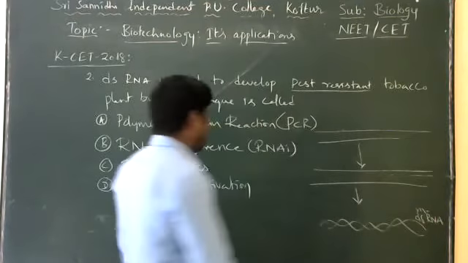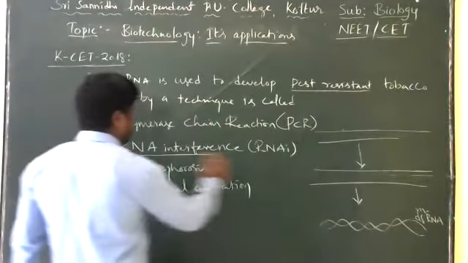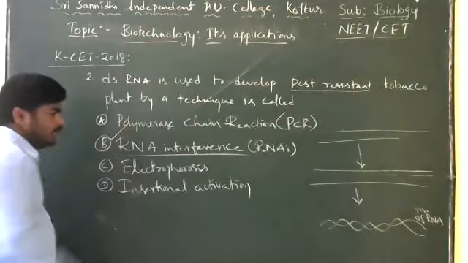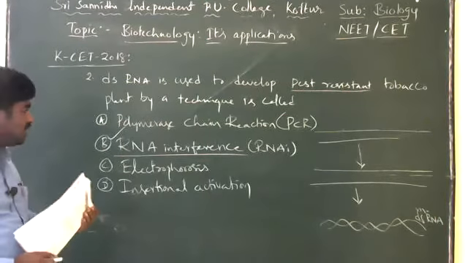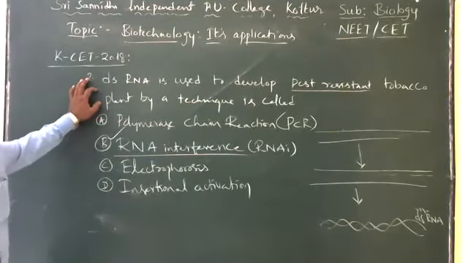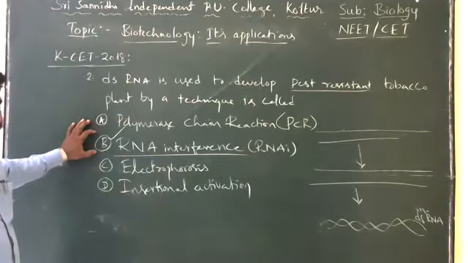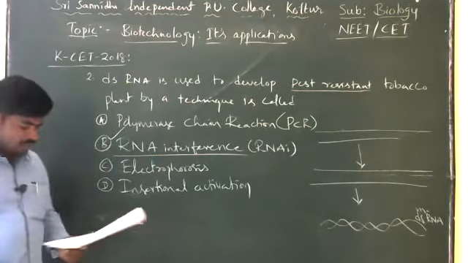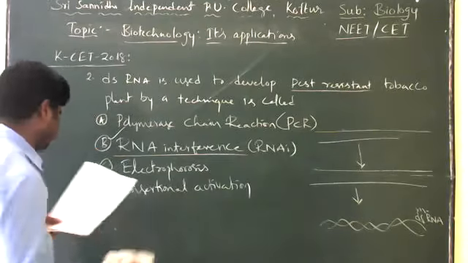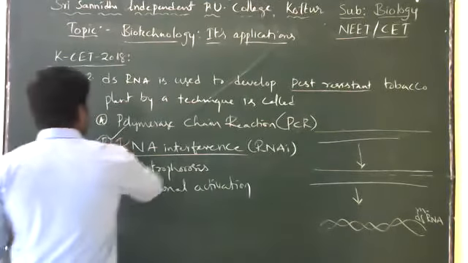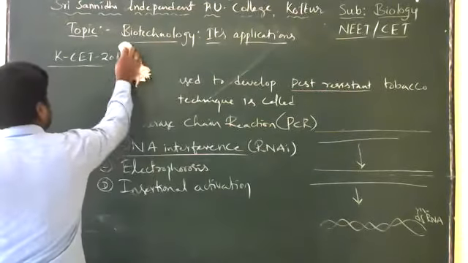So this process is called RNA interference, and B is the correct answer. Double-stranded RNA is used to develop the pest-resistant tobacco plant by a technique called RNA interference.